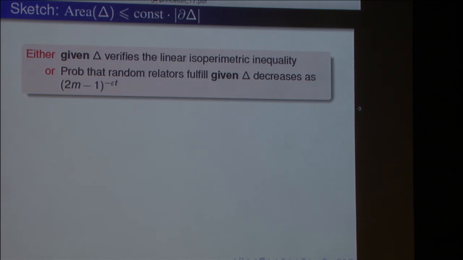Abstract picture, and then I tried to fill this picture by relators. And I estimated how I choose words, how I choose letters, such that they are combined, and so on. So I started with some fixed diagram when I estimated this probability. So now I have to estimate how I can choose this abstract Van Kampen diagram.